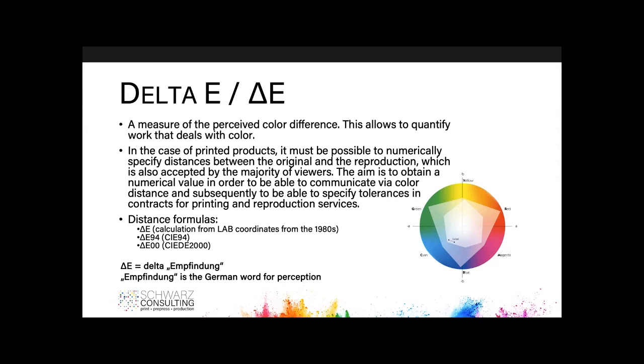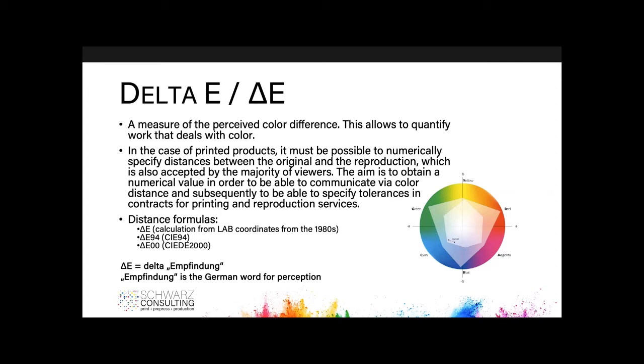There are different formulas for delta E. The first one that came up was just delta E. Then in 1994, there was delta E 94, and in 2000, the delta E 2000. What changed? The delta E calculation is a mathematical formula you use to describe the difference of 2 points within this LAB model. But this is a kind of linear mathematical formula, and our eyes don't work linearly, not at all.